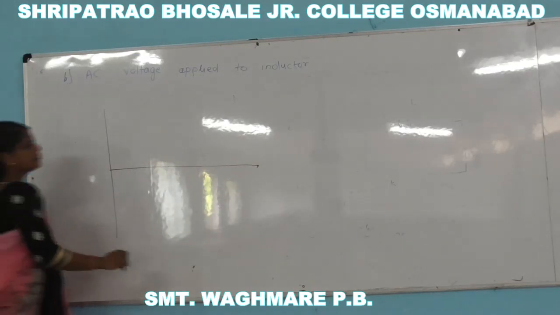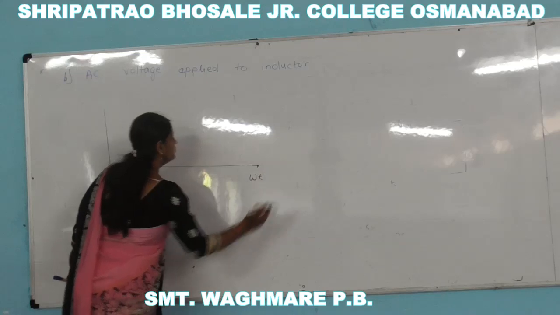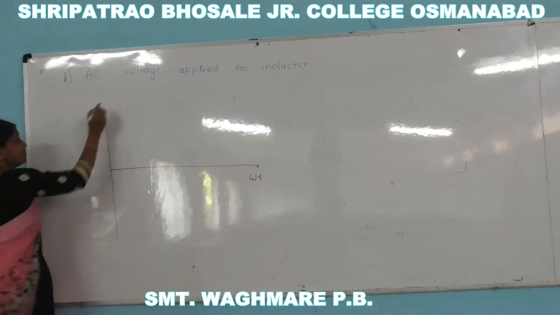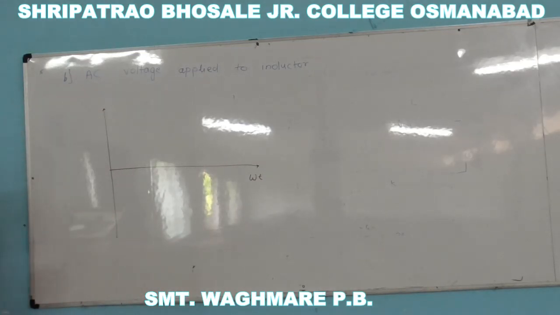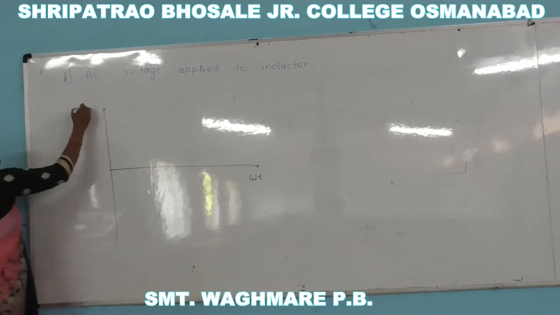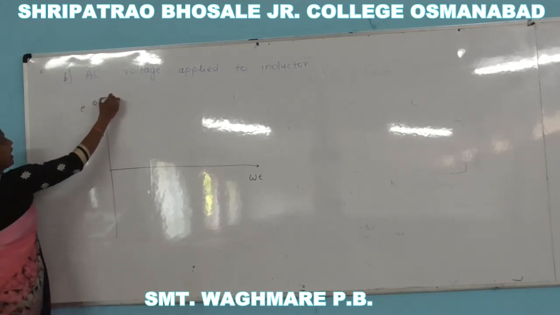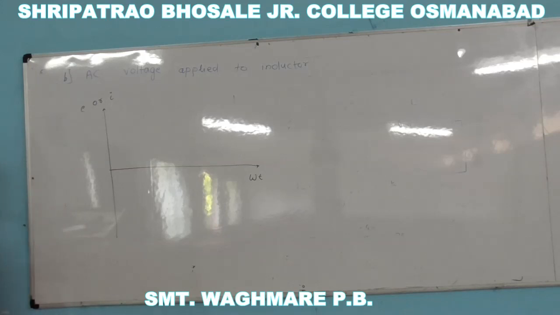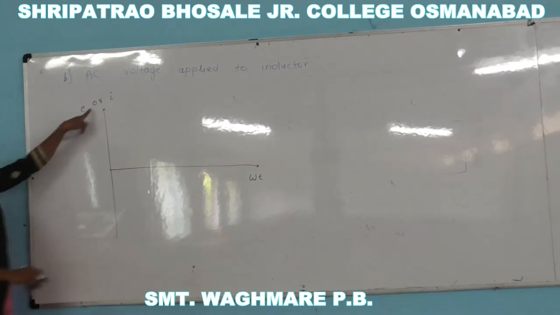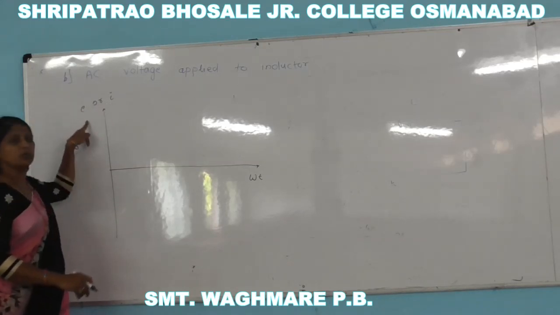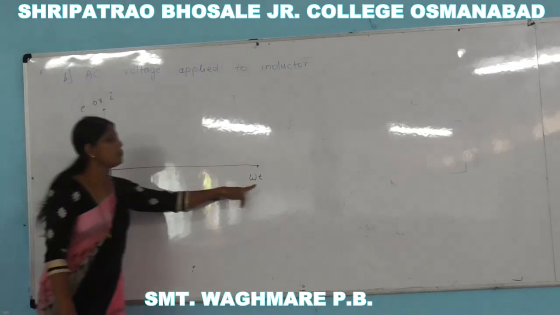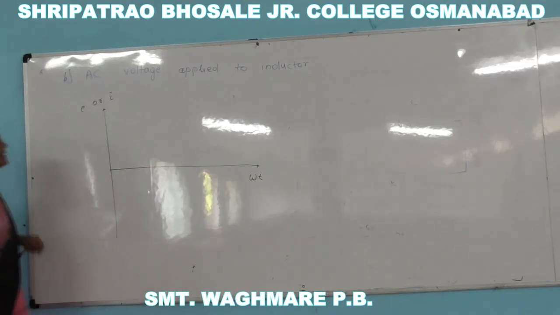Here we take omega t on the x-axis, and E or I on the y-axis. We are taking E and I both on the y-axis, and omega t on the x-axis.